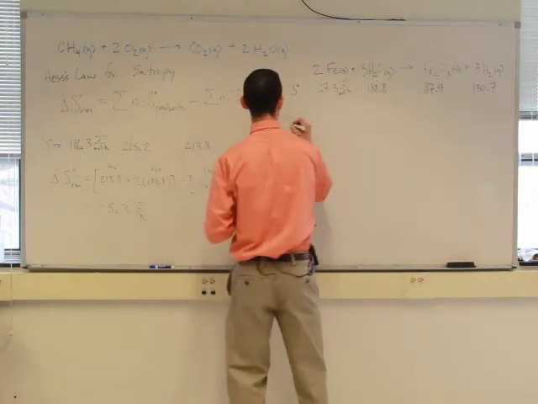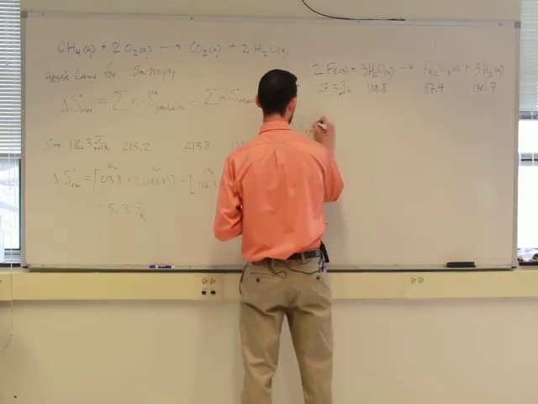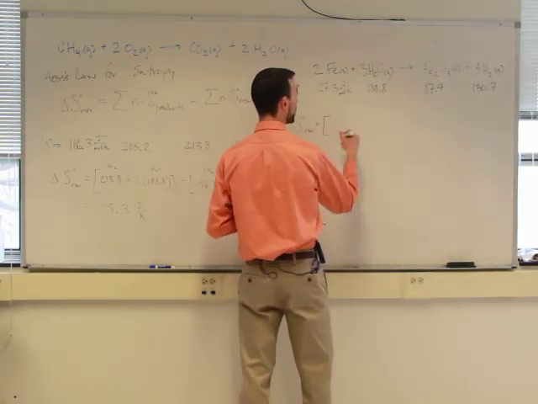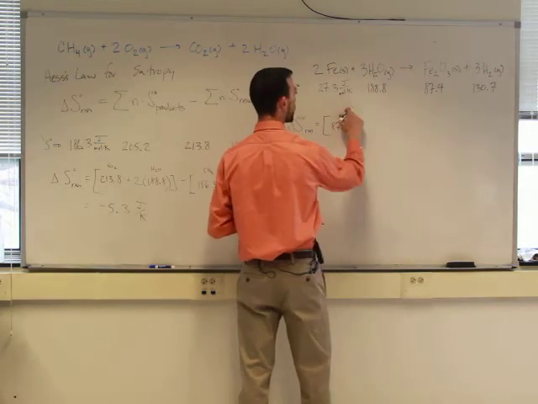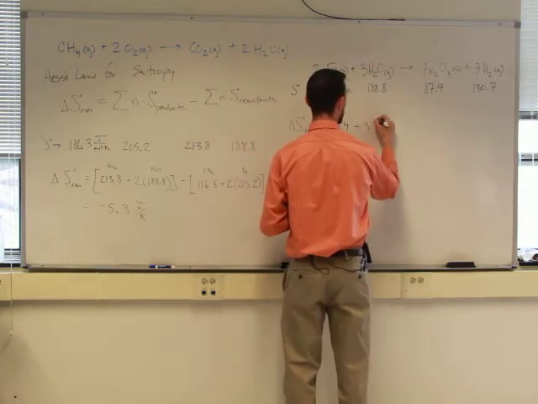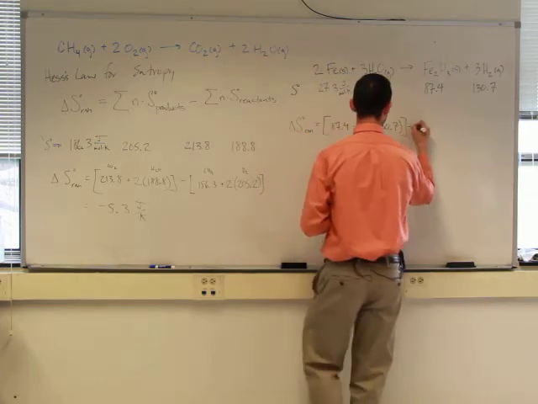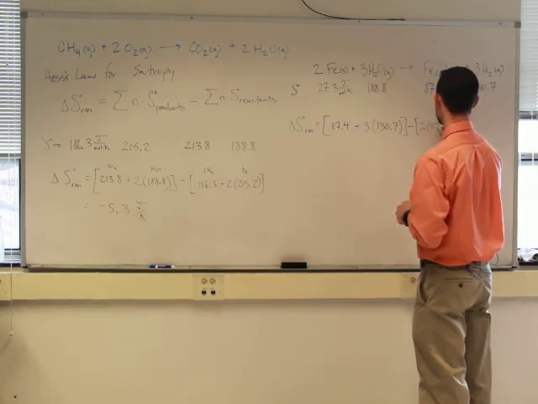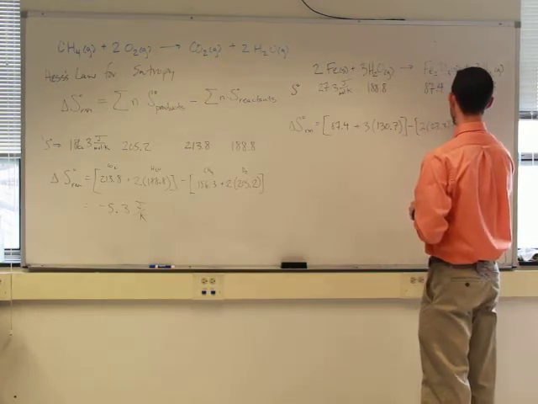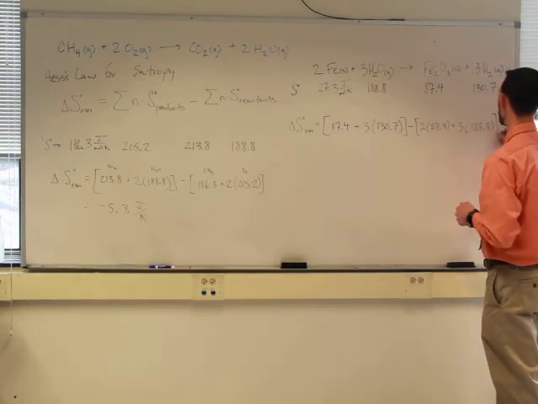All right. So how do we get the entropy change for this reaction? We are going to add up our products: our 87.4 for our iron 3 oxide plus 3 times our hydrogen 130.7. And then we would subtract 2 times iron, 27.3, and 3 times water vapor, 188.8.